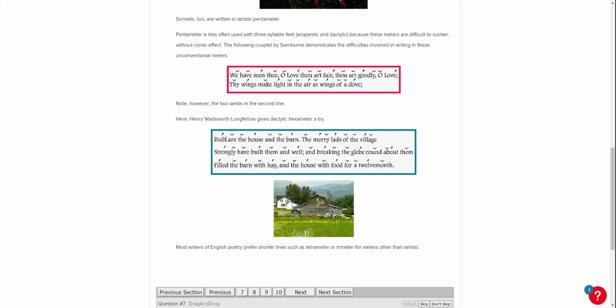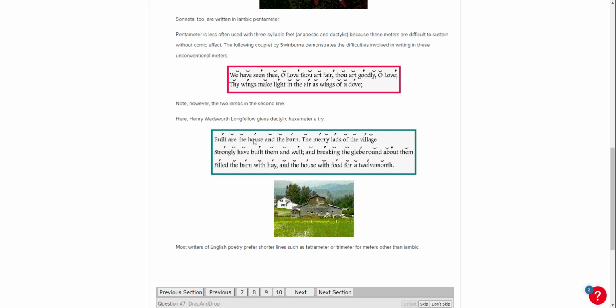So for example, we have this first line: "Built are the house and the barn, the merry lads of the village." You see that we start off with this dactylic pattern with an accented syllable, and then two unaccented.